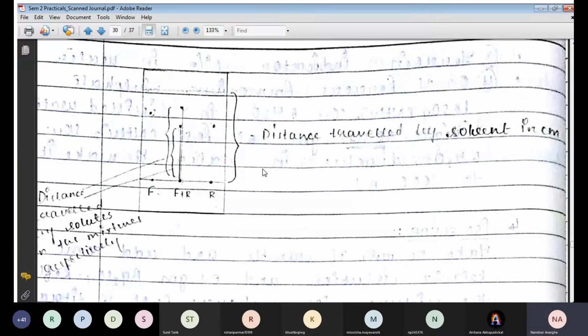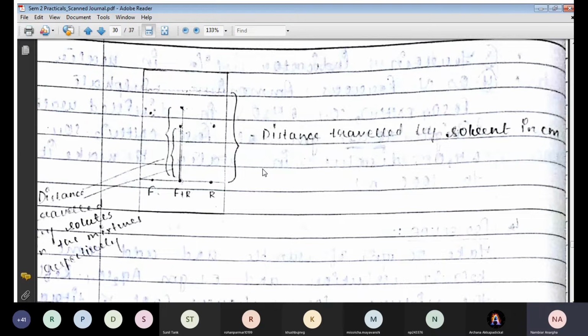If two components have the same RF value, it means both components are the same. When we are using two different components, both will have different values, right? And all the values have been reported in the literature.